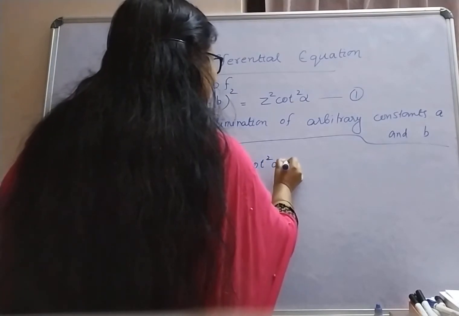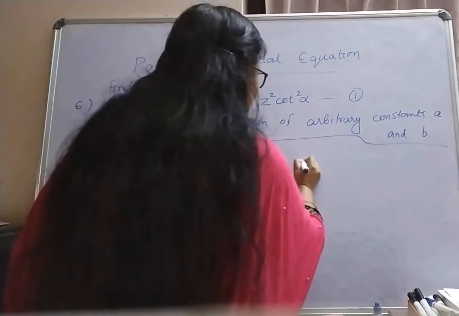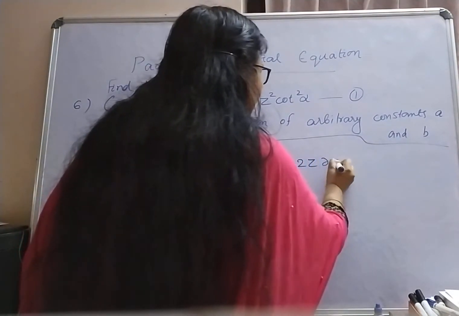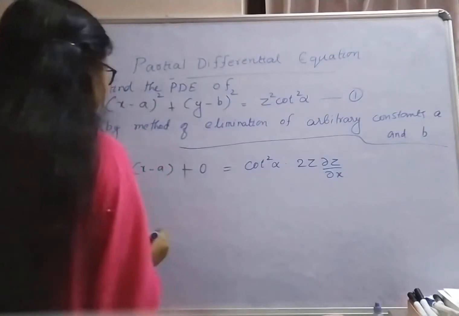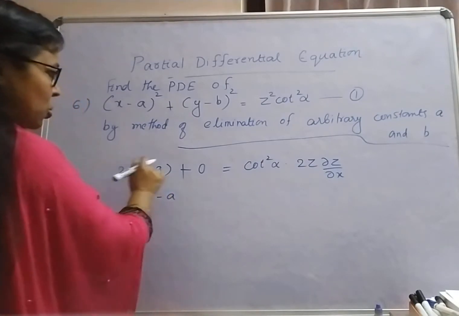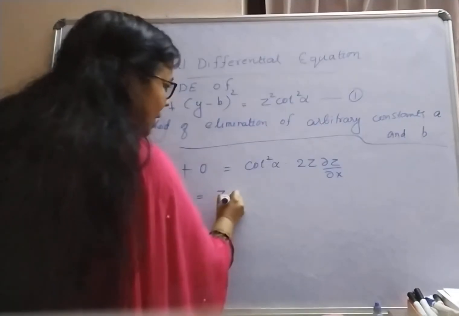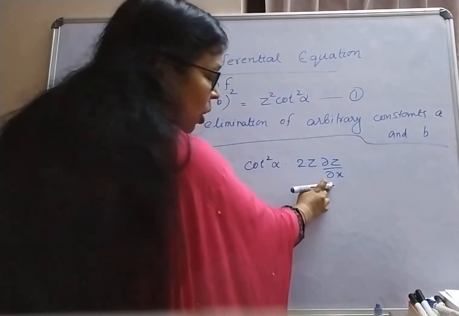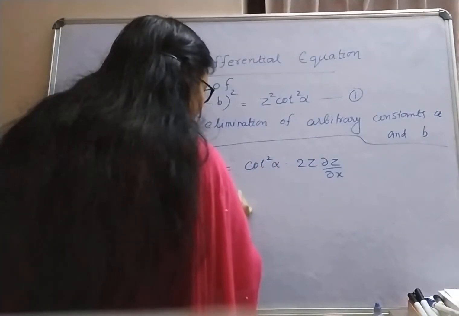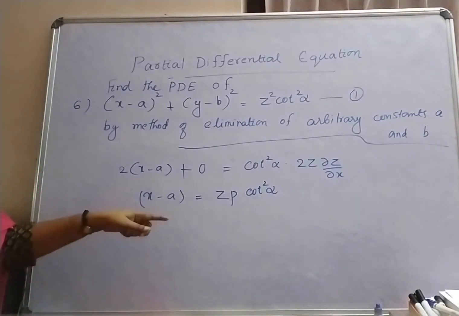Therefore, cot square alpha into partial derivative of z square with respect to x is 2z dou z by dou x. This 2 will be cancelled. x minus a equal to z, and dou z by dou x is p, then cot square alpha. We get like this.